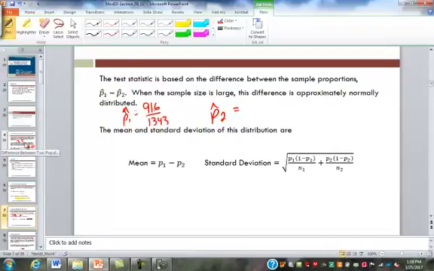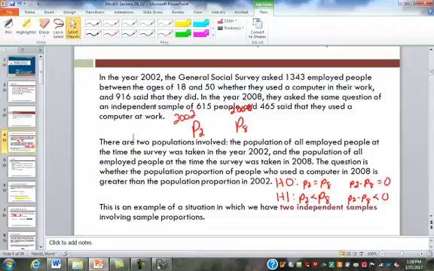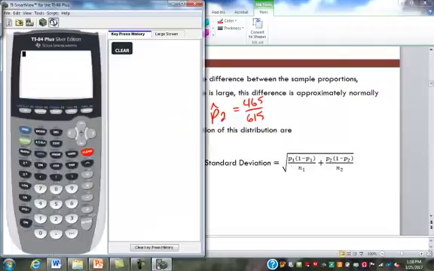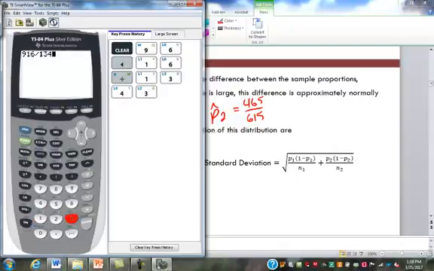And p hat 2 is the 465 over 615. I could just leave them like that. When I put them in my test statistic, I could just subtract them. But to find my standard deviation, I need those values, so I'm going to go ahead and divide those out quick. 916 divided by 1343. Is that correct? Yep.